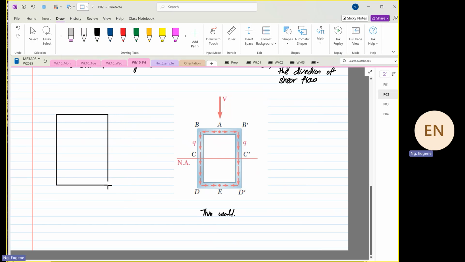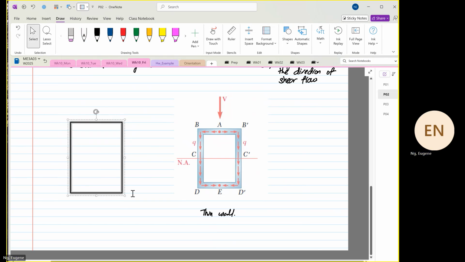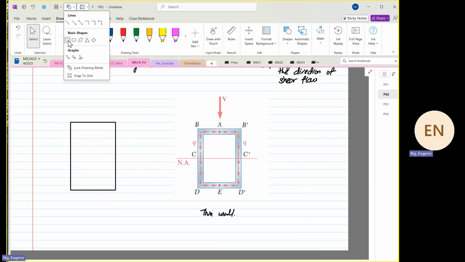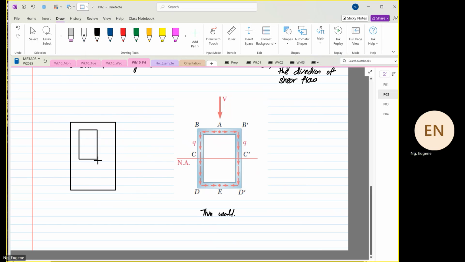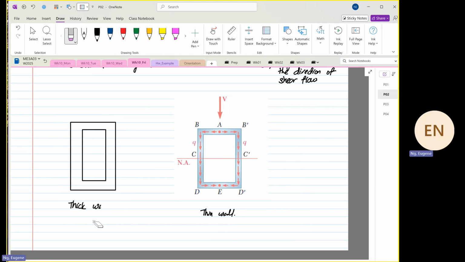Similar size, I hope. Like what you guys have seen before in your homework. However, this is not thick wall, I call it non-thin wall analysis.